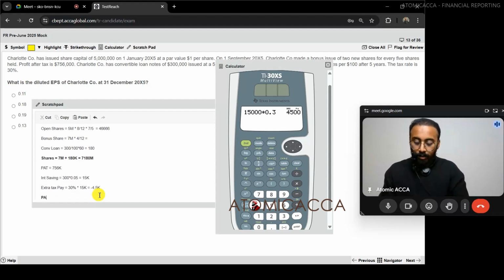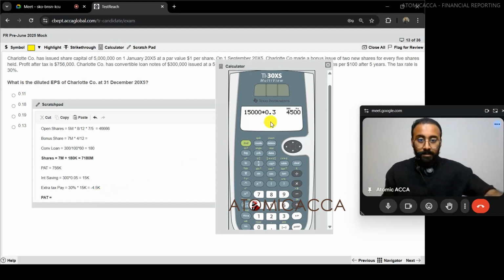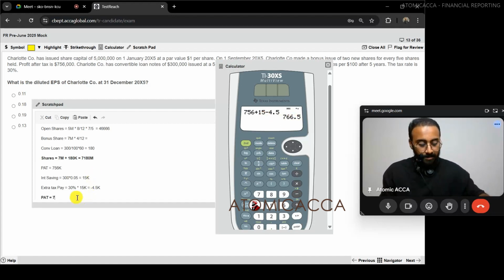So what will be the total profit after tax? 756,000 plus 15,000 minus 4.5 thousand, that's equal to 766.5 thousand. Now that is the profit after tax.